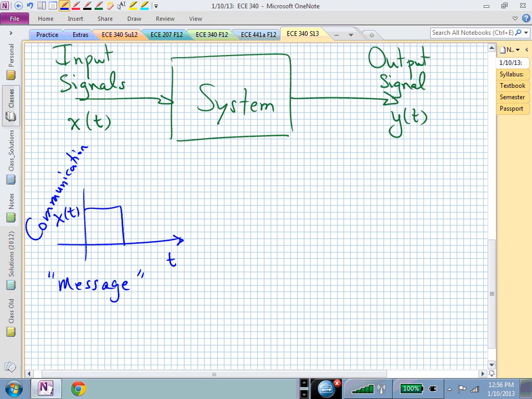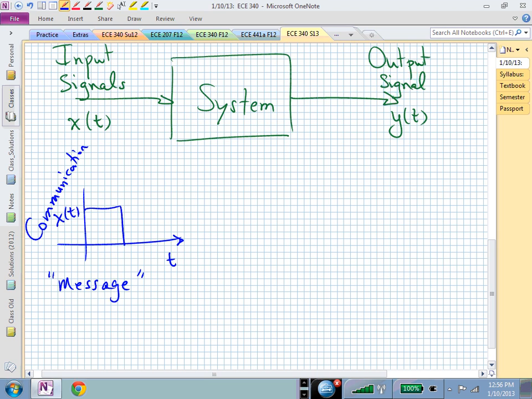You've now discretized potentially a voice waveform, or you're talking on a phone, and now you're wanting to transmit 1s and 0s based on what you've just said into your phone. You now need to communicate that 1, let's say this is now a 1, to someone else. So the input signal is the voice or this message.